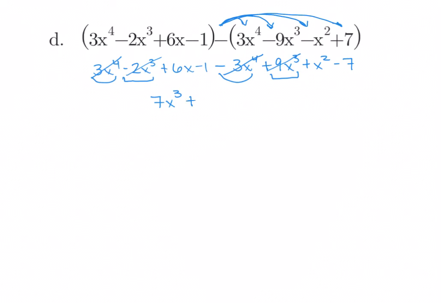So I'm just going to bring down x squared. I have a 6x. Again, I don't have anything to combine it with, so we're just going to bring down 6x. And then I have my constant terms, negative 1 and negative 7, give me minus 8. And so we are done with that problem. It is in descending order, and it is simplified.